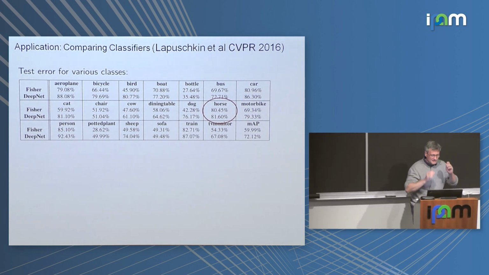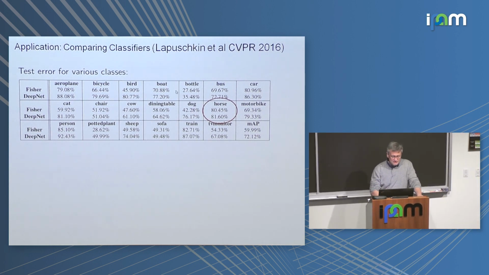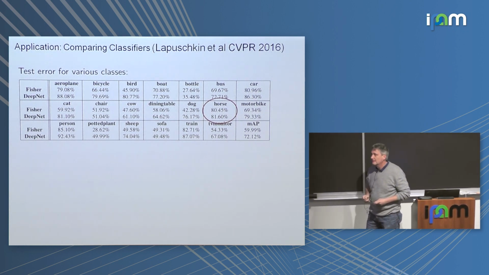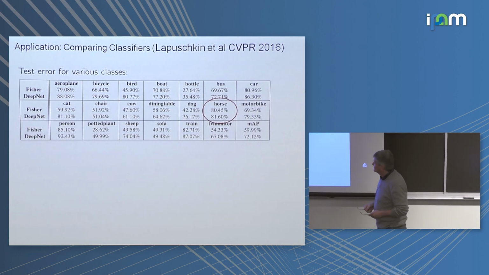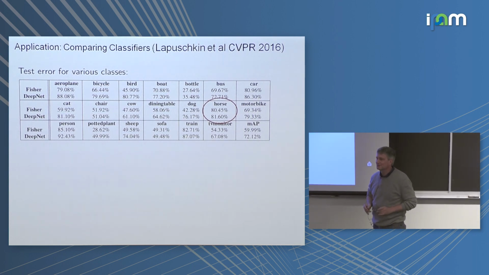And here's two models that we consider that you've already seen before, Fisher and the deep net. And they are classifying stuff, and that's the test data. So assume that you have a really good model, it's much better than anything existing on the benchmark. Then you're happy and write a CVPR paper. That's a bit of a shorter version.